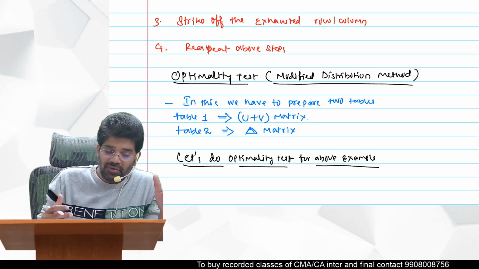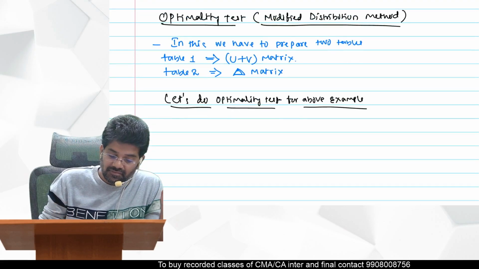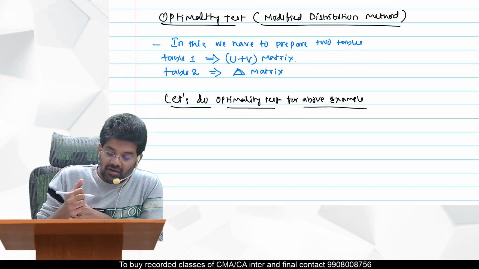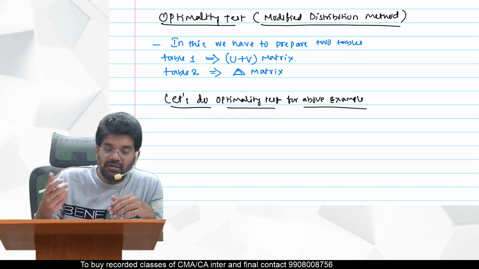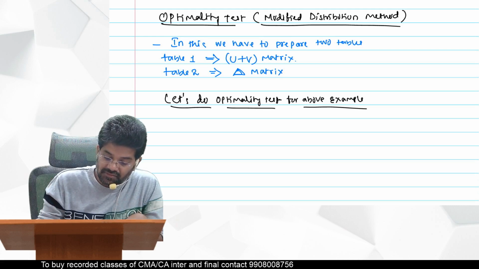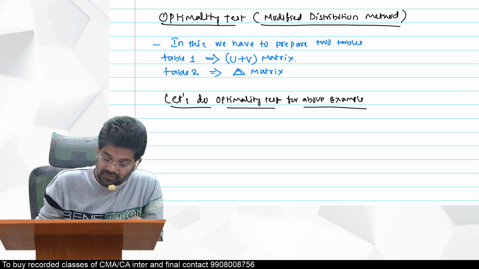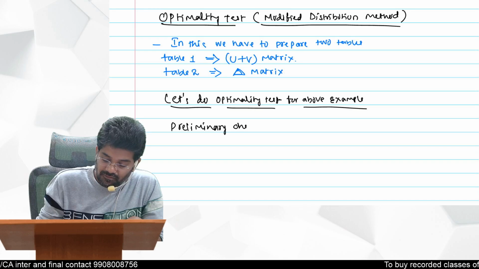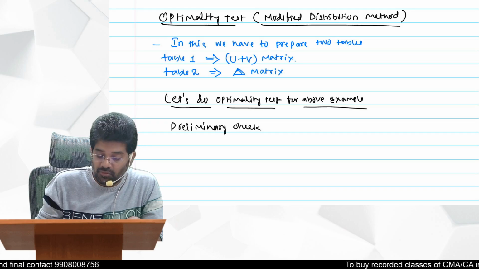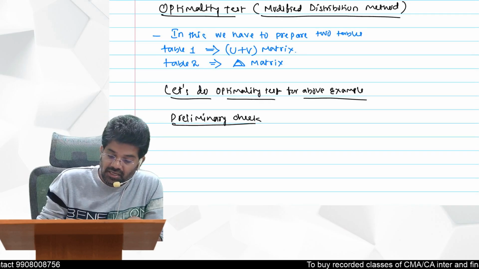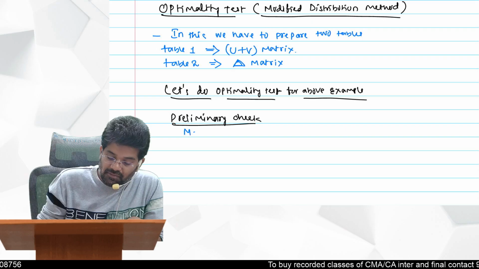Before we perform this optimality test, there is a preliminary check. This is very important. What is that preliminary check? M plus N minus 1.